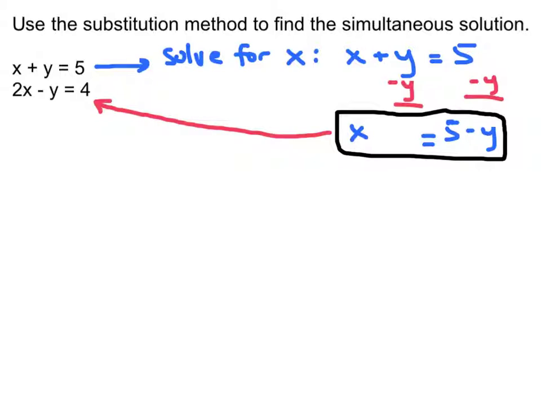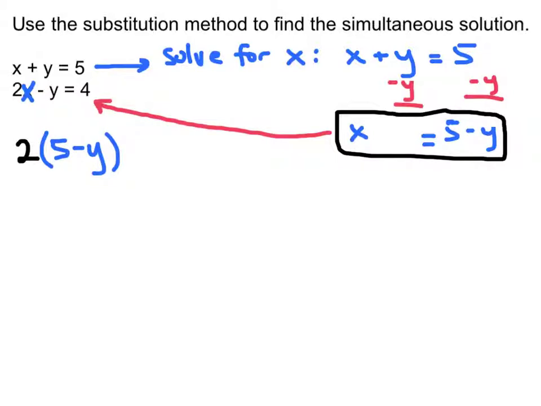So I'm looking at 2x minus y equals 4, and I'm going to substitute in for x. So that will leave me with 2 times, instead of x, we'll substitute this with 5 minus y.